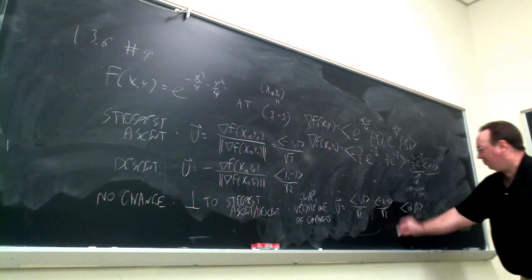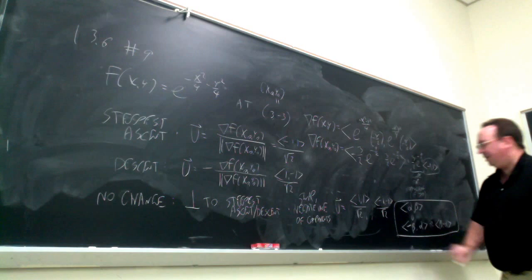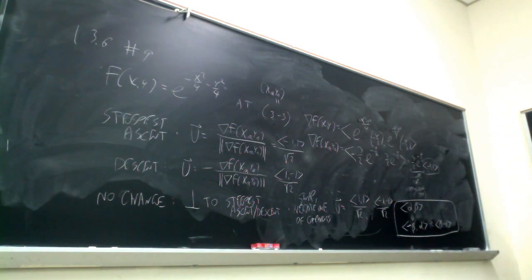So this is what you need to keep in mind. All right. So ascent and descent, it's always gradient over its magnitude, and then you negate that for descent. Any questions about this one?